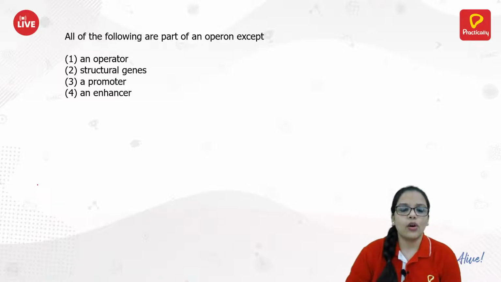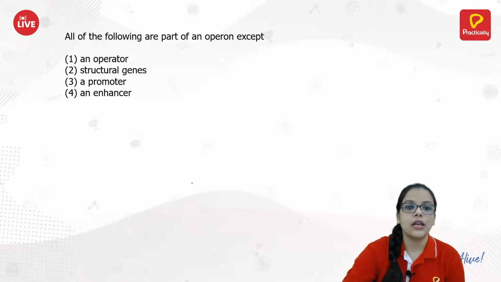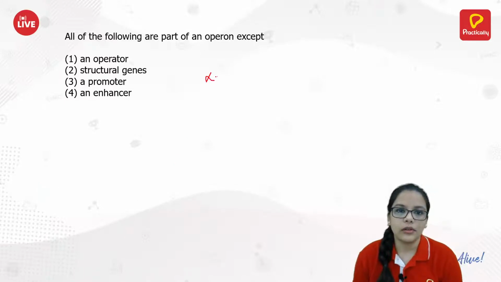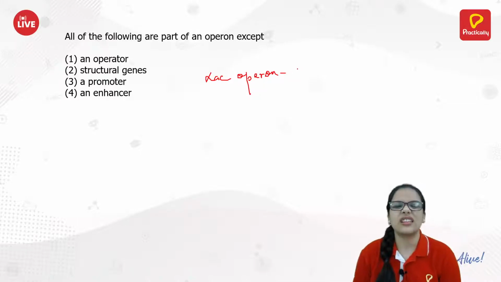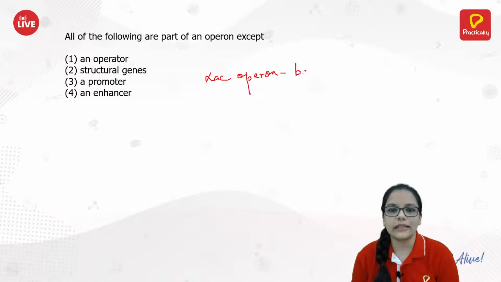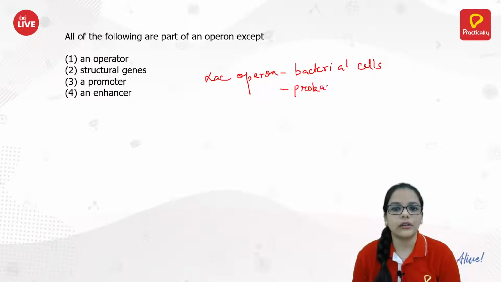Next up. All of the following are part of operon except: an operator, structural genes, a promoter, and enhancer. Lac operon basically is seen in E. coli or in mostly bacterial cells, and bacterial cells are mostly prokaryotic in nature.